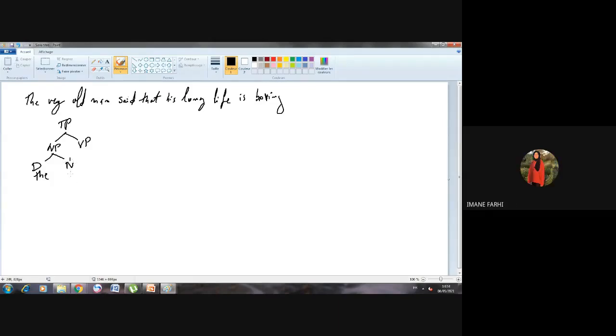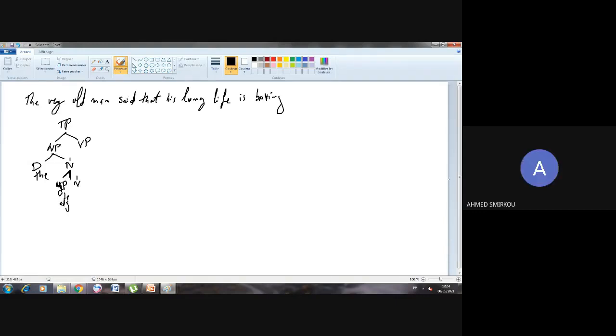From the N bar, we branch an adjective phrase, and then another N bar, which means it is simply an adjunct. From the adjective phrase, we have an adverb phrase, and then an adjective bar. Sorry, first, adjective bar.